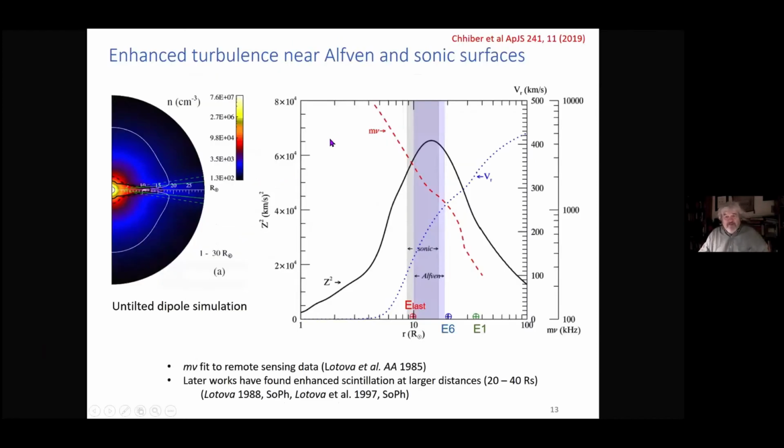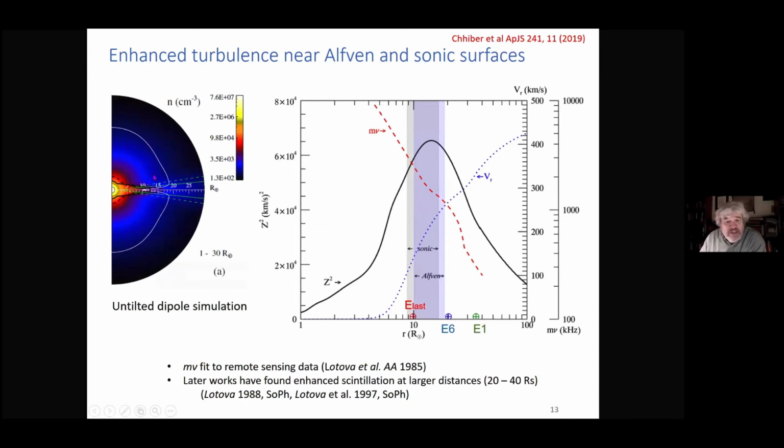So it turned out that we had also been studying this kind of phenomenon using these global simulations in advance of the Parker mission being launched. Rohit Chhiber did a lot of this work with Arkady Usmanov, Mel Goldstein, and myself.